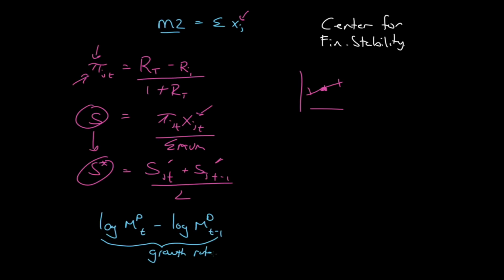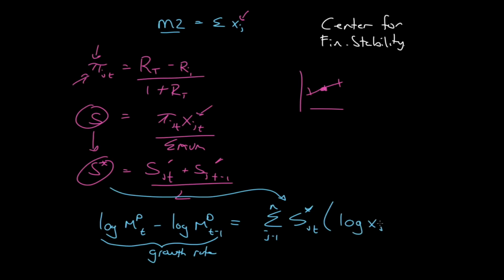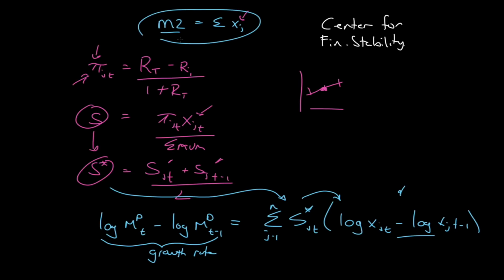So the growth rate in money supply is equal to the sum from j equals 1 to n components that make up the money supply, and this is where we use our weighting, S asterisk for asset j at time t. Then you take the difference between each one, the log of component j at time t minus the log of component j at time t minus 1. Again, that's a growth rate as well. So the growth rate in the money supply is a weighting of the growth rate of each component.